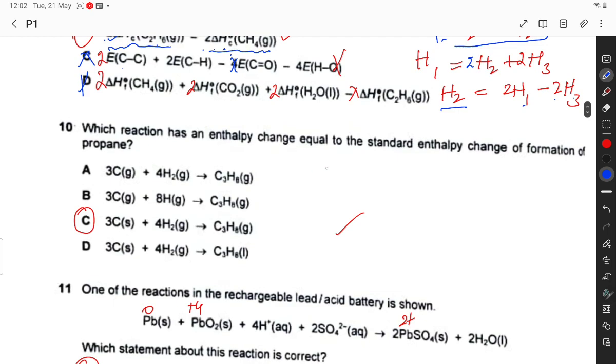Which reaction has enthalpy change equal to the standard enthalpy change of formation of propane? Enthalpy change equal to the standard enthalpy change of formation.